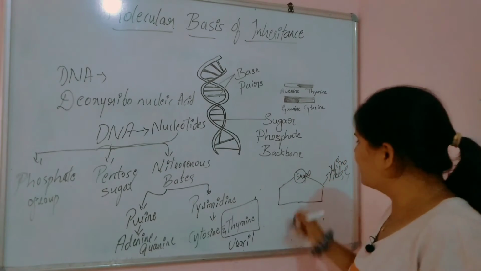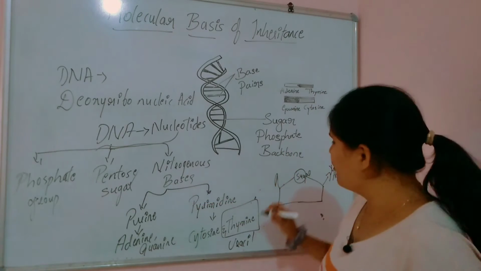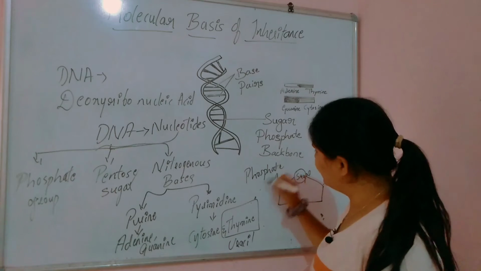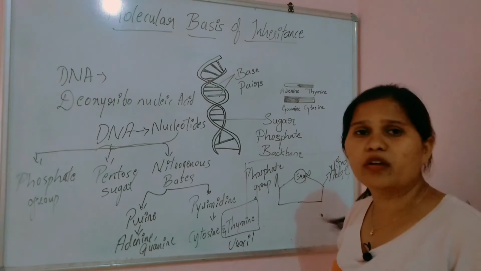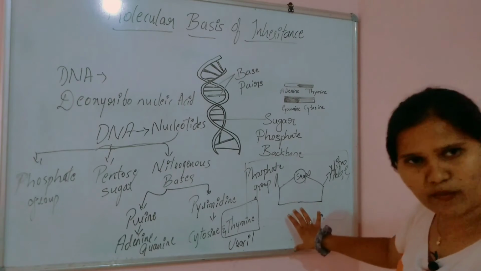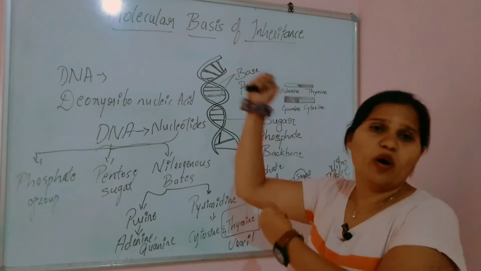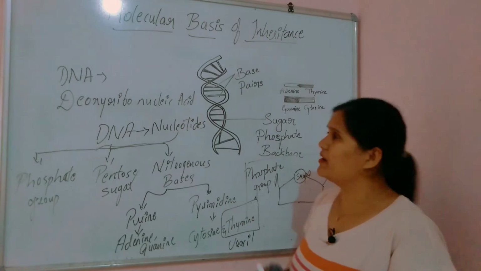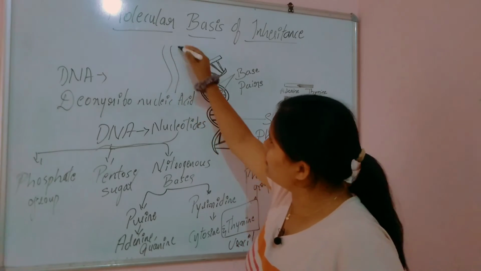And this sugar also has the phosphate group, that is phosphoric acid. This forms the nucleotide, and these nucleotides will be held together by bonds. So the structure looks like this.